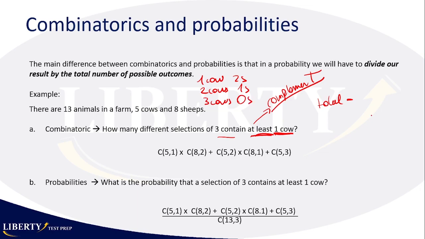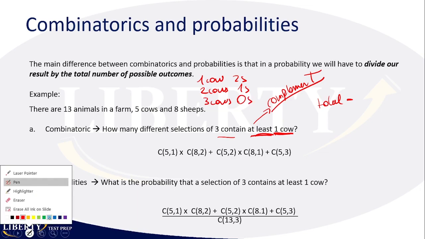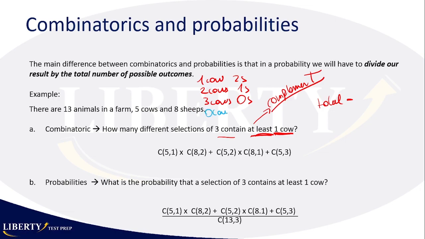And what's the one I'm leaving out? This one that says 0 cows, 3 sheep. We don't want that. Why? Because that doesn't comply with at least 1 cow. So I'm going to pick this one, all sheep, which is no cows, the same thing, right? No cows is equal to all sheep. So I'm going to discount that, and I'm going to get the other 3. So that's the easiest way to do it.